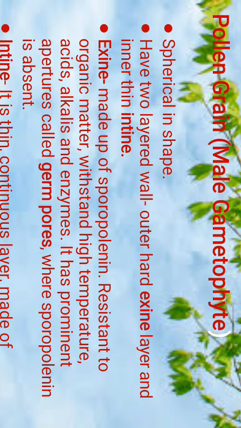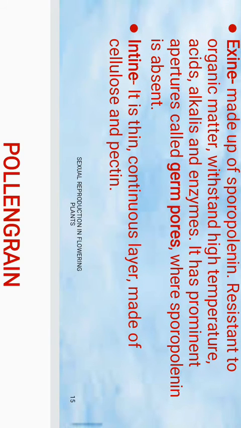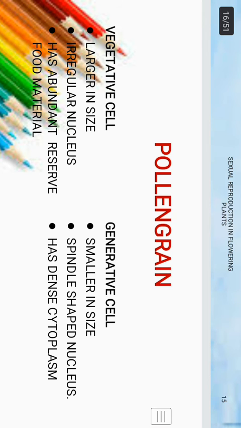Because of this, pollen grain can be preserved as fossil. But at some places, the exine layer is absent. That is called a germ pore. Intine layer is made up of cellulose and pectin and it is a continuous layer. The function of the germ pore is to help in the emergence of the pollen tube.